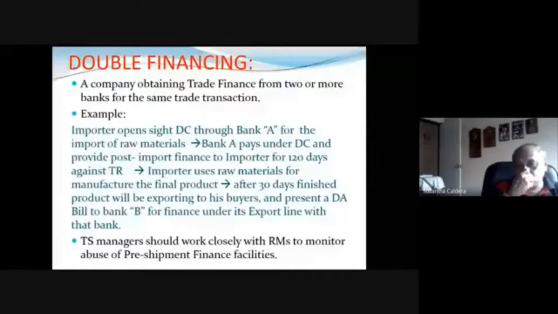After 30 days, the finished product will be exported to its buyers and a DA bill presented to bank B for finance. After 30 days he finishes the product manufacturing, he will export to his buyers on DA terms, collection.